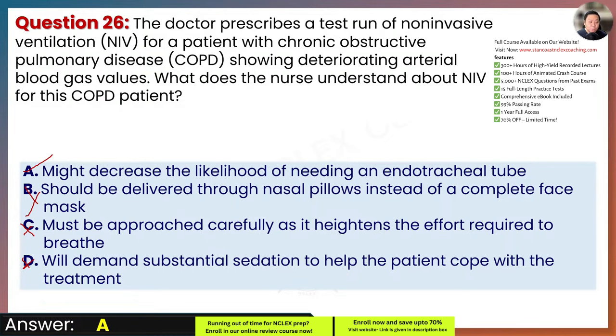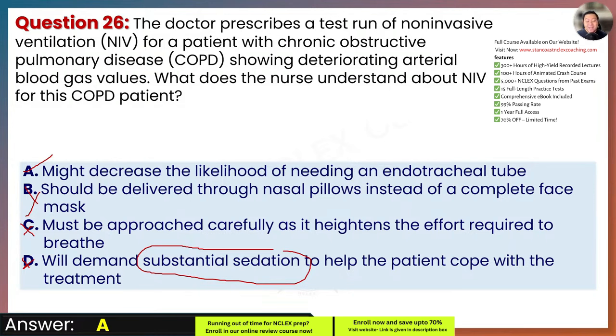Now, letter D, will demand substantial sedation to help the patient cope with the treatment. Well, take note that it said substantial sedation. This is counterproductive and also contraindicated when using non-invasive ventilation because the therapy relies on the patient's ability to breathe spontaneously and maintain their airway.